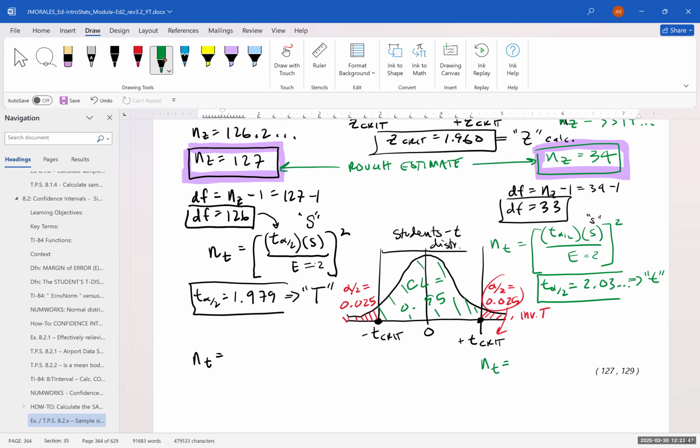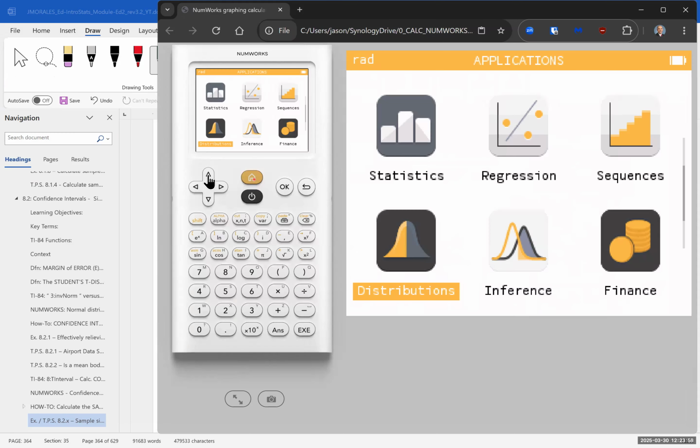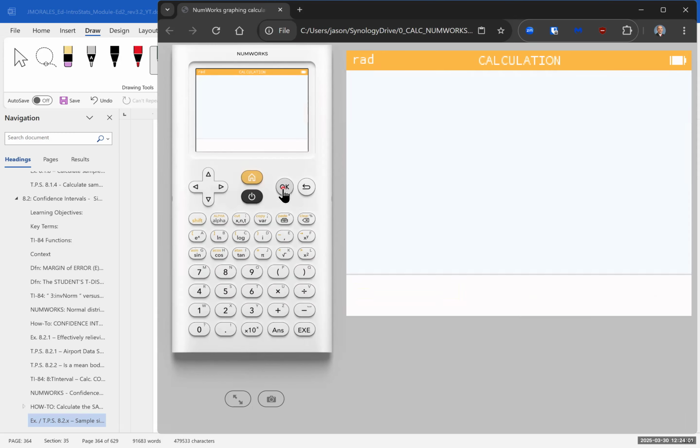All right, let's see what we get here. Yeah, okay. So let me come out to the calculation app and see, I need to hit parentheses a couple of times. So this is going to be the numerator. So I'm going to have shift alpha t times shift alpha s.